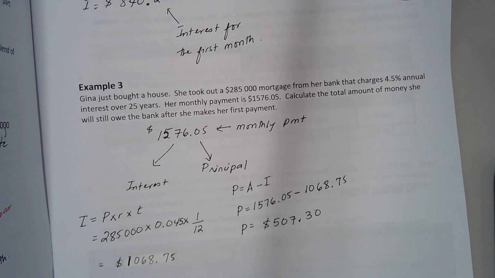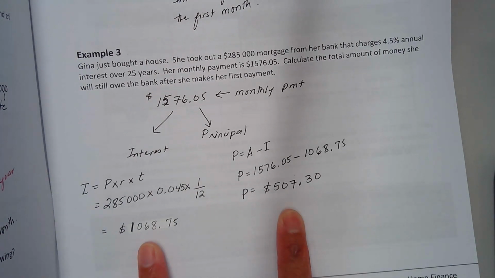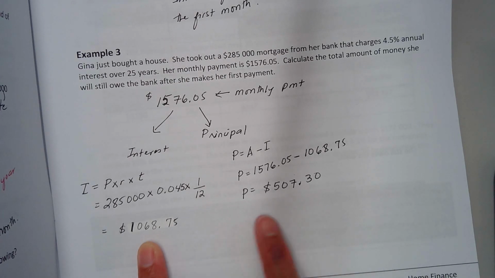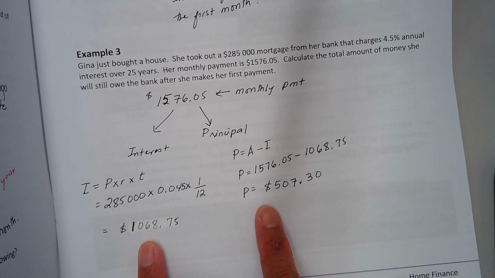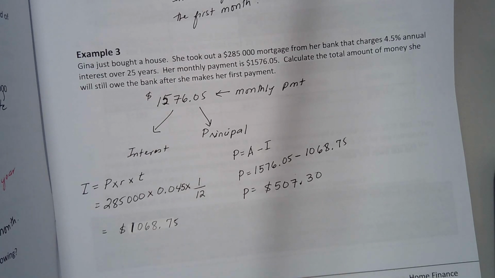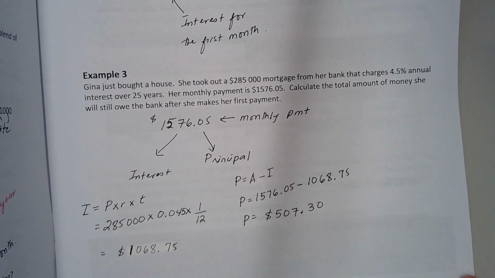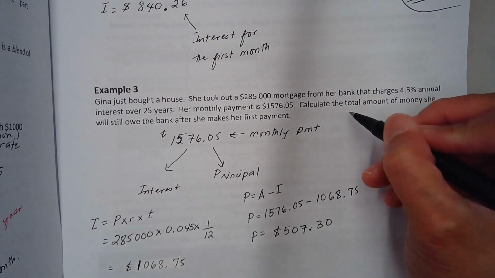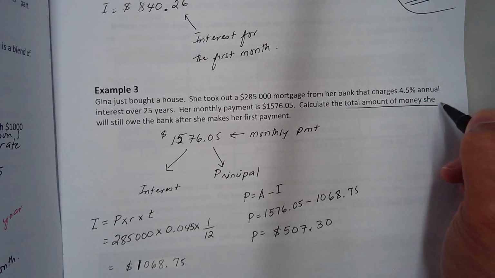So we said that the principal is the amount of money paid minus the interest that we paid. It's $507.30. Good? You see here, half of this amount went to interest. That's quite big. Okay, so this is how we've gone. Well, what's the question? Calculate the amount of money that she still owes the bank.